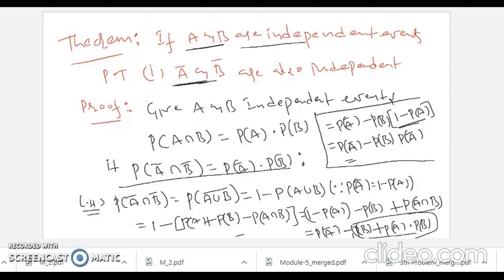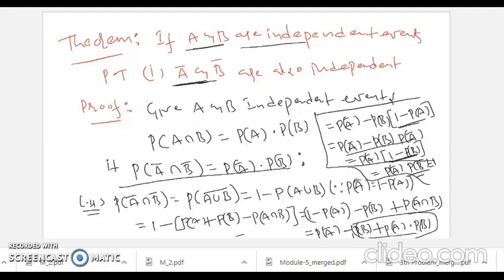Now from these two, we take the common term P of A bar of 1 minus P of B. So that is equal to P of A bar, and 1 minus P of B can be written as P of B bar.